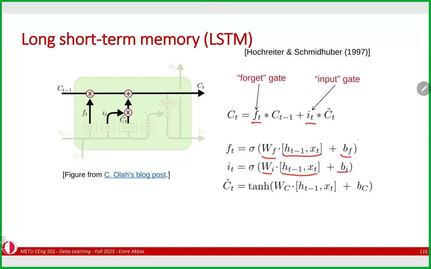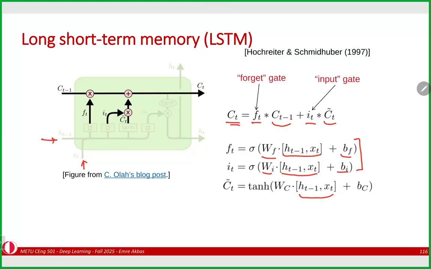Together, these two decide how much of the previous cell state and how much of the newly computed cell state, C_t tilde, should be used, in what proportions to combine them to get the current cell state. And C tilde is a function of, again, the current input x_t and the previous hidden state h_{t-1}.